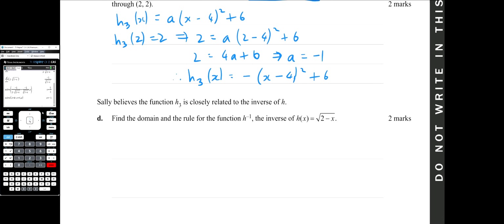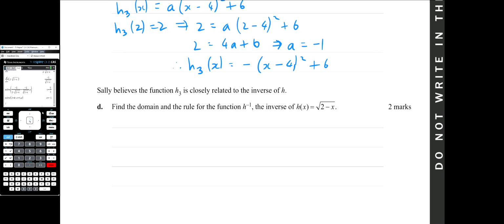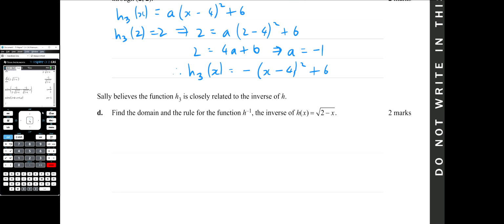So find the domain and the rule for the function h inverse, the inverse of h of x equals the square root of 2 minus x. Okay, so here we go. Let y equal h of x, equals square root 2 minus x. And now for the inverse, we are going to swap x and y.